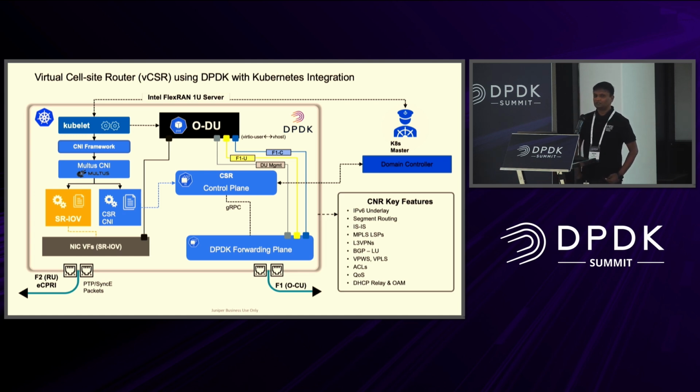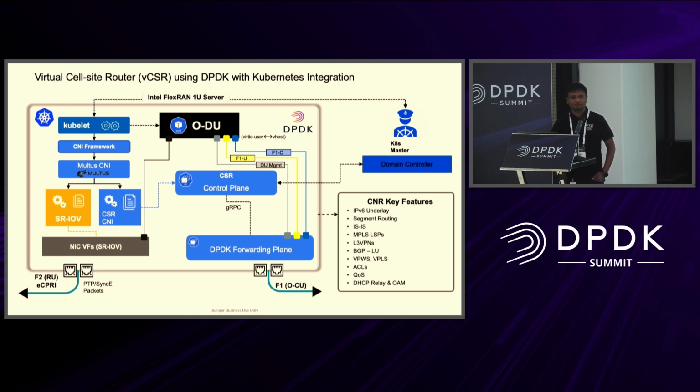There is also the ODU, which comes in the form factor of a pod or container and is plumbed into the forwarding plane using a container networking interface, or what we call the CNI. The ODU exposes different interfaces towards the mid-haul, like data, management and control.